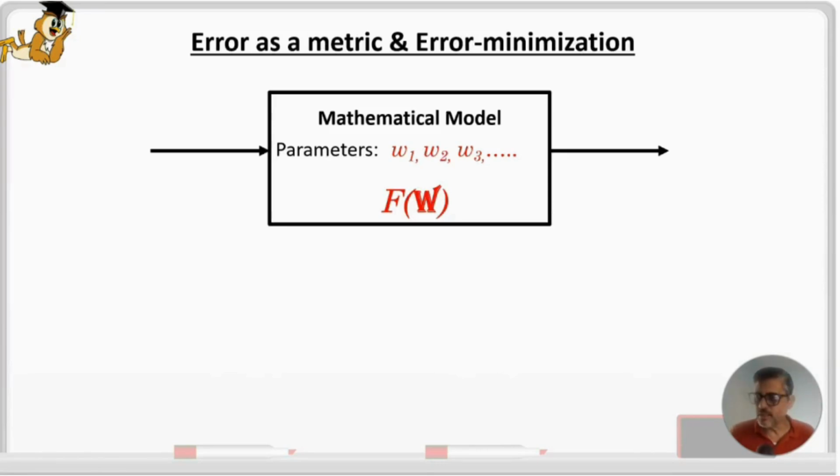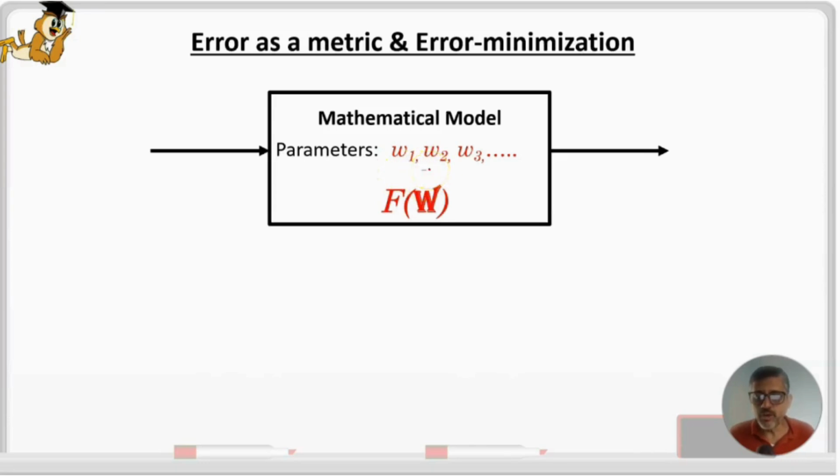Now your mathematical model clearly has certain parameters, certain knobs or controls that you can tweak, whose values you select. And the input-output behavior of the mathematical model depends upon the values of these parameters that you choose.